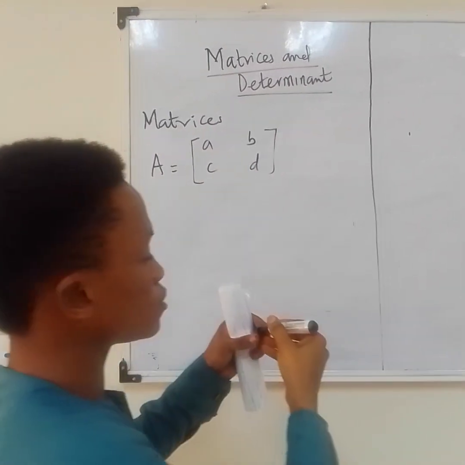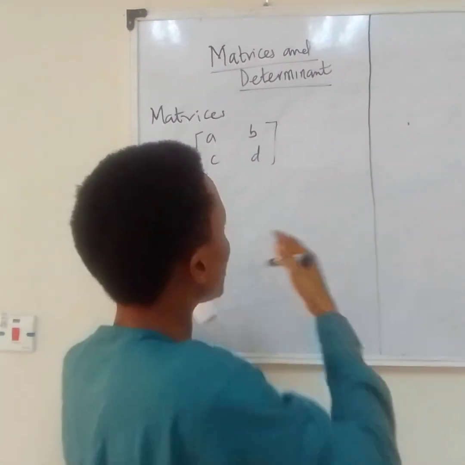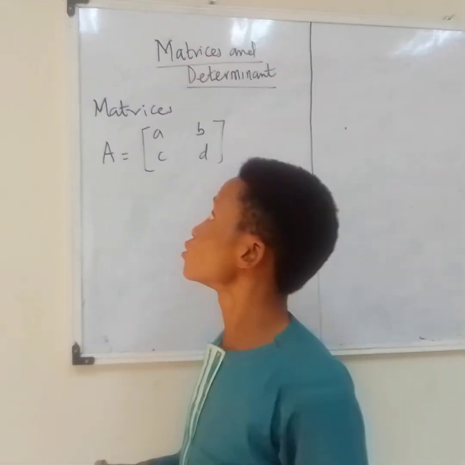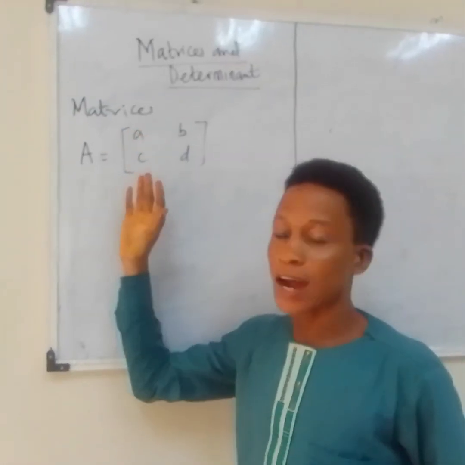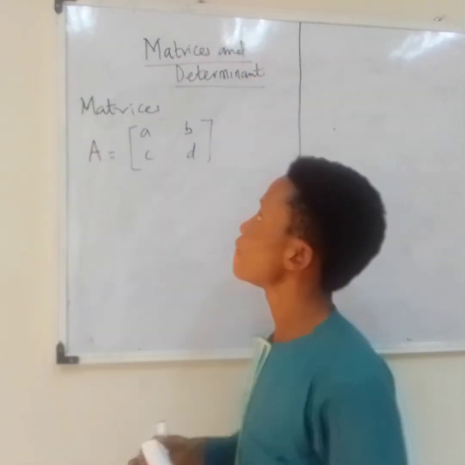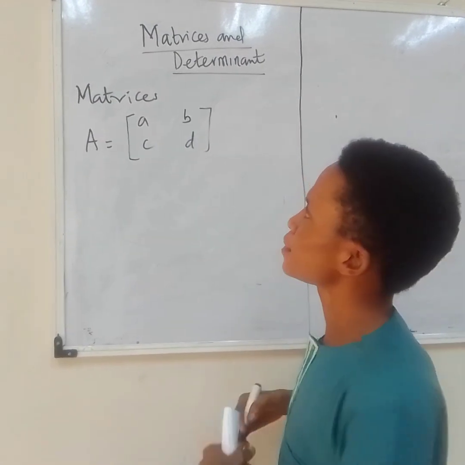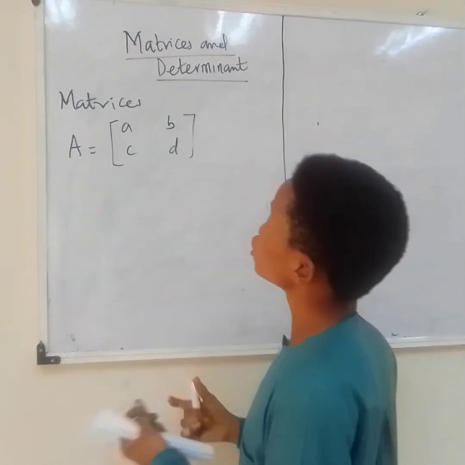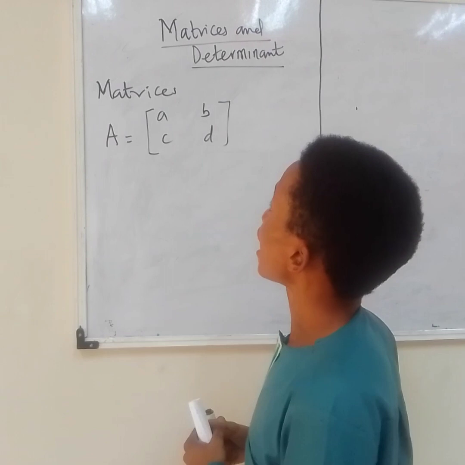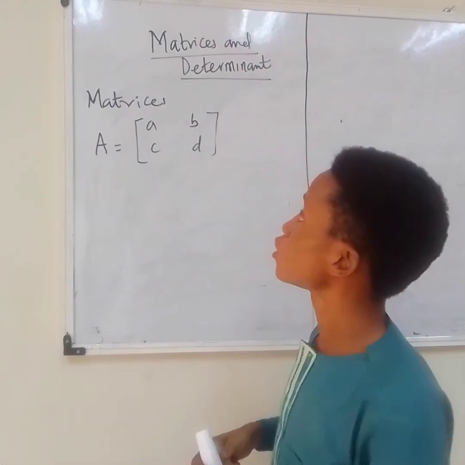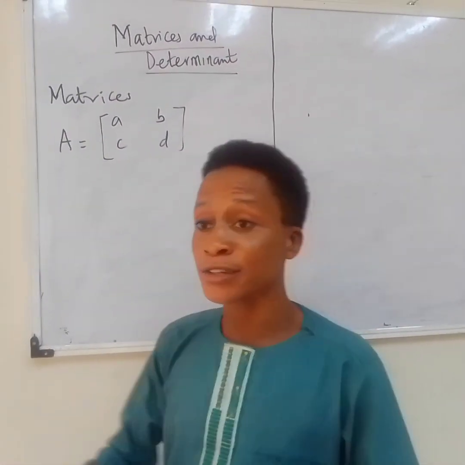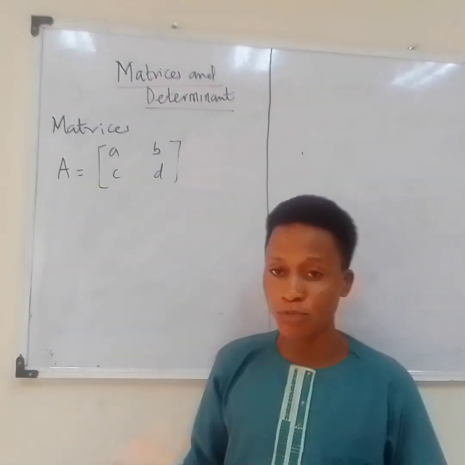Now the arrangement of numbers or elements in form of rows and columns, that's what we call matrices.